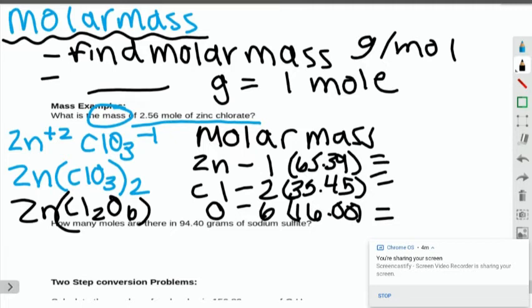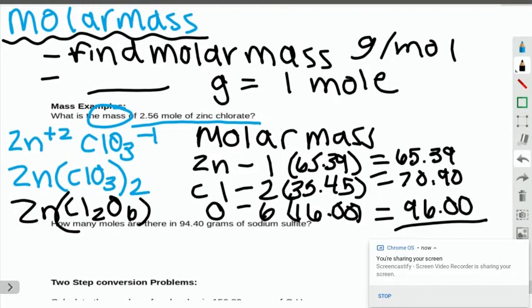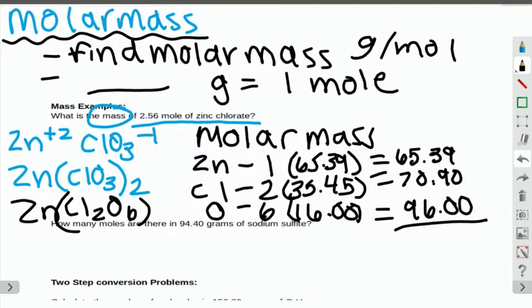So if you put in your calculator, 65.39 times 1 is just 65.39. 2 times 35.45 is 70.90. And then 6 times 16 is 96.00. In the last video it cut short, but 96 is the total mass of oxygen.